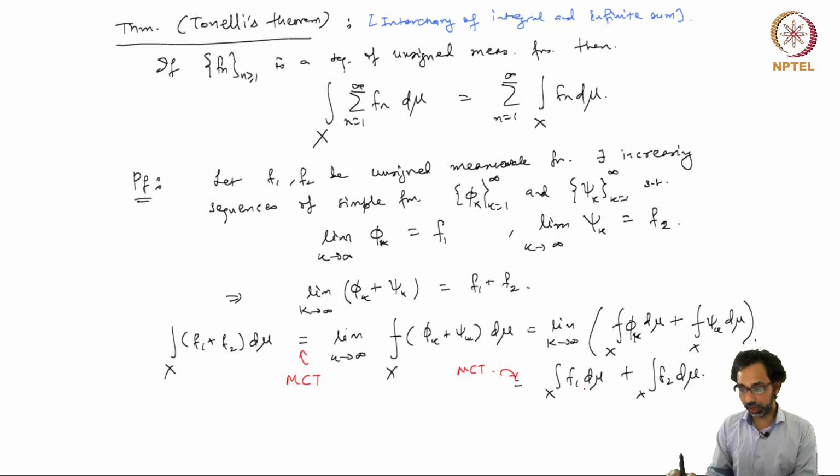Because the integral of f1 d mu is the limit of the integrals of phi_k, and the integral of f2 d mu is the limit of the integrals of c_k, we see that the linearity property holds.